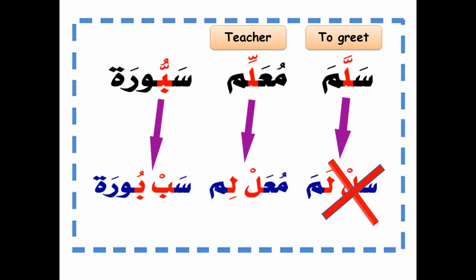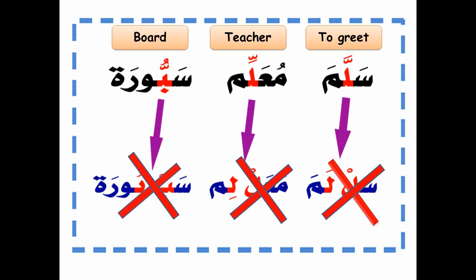So here we join them into 1 sound and we say saburatun. Saburatun, it is board. We don't write them, we just pronounce them and we join them into 1 letter with shadda, with the stress.